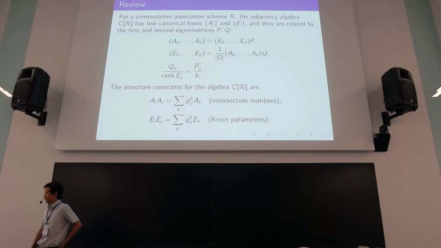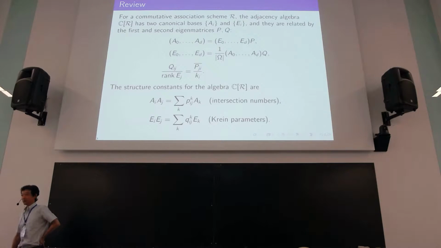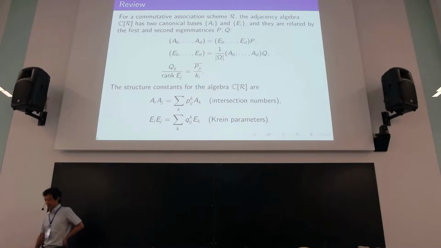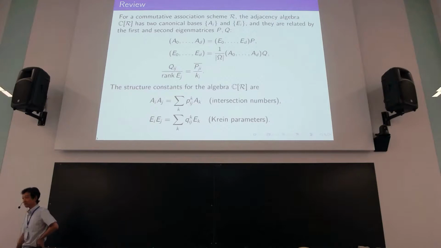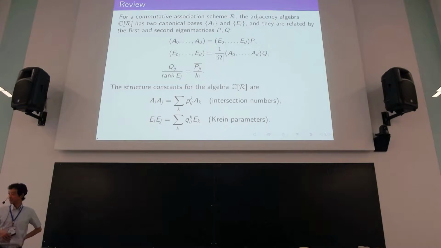And there is a formula which relates the entries of P and Q. Of course, they are essentially inverse to each other, so you can have a formula for the entries of the inverse matrix, but there is a simpler formula which relates the ij entry of P and the ji entry of Q. And then there are two more parameters.